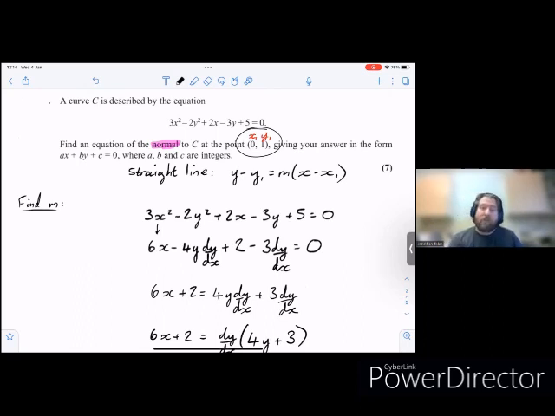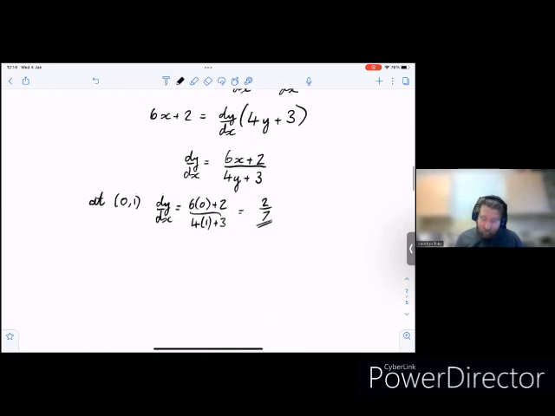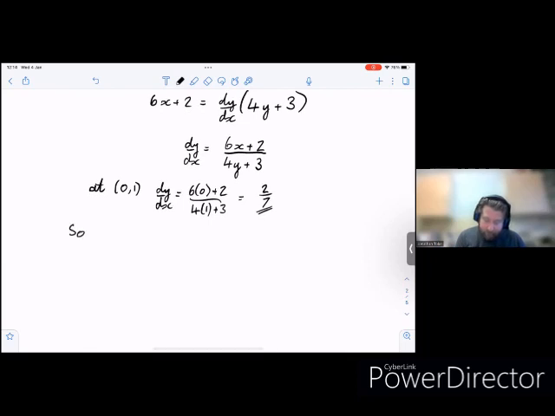The difference between the normal and the tangent is that they are perpendicular. So the m that we want is going to be minus 7 over 2. We do the negative reciprocal of the gradient at that point, and it gives us a perpendicular gradient.